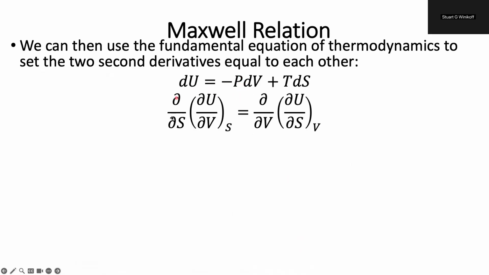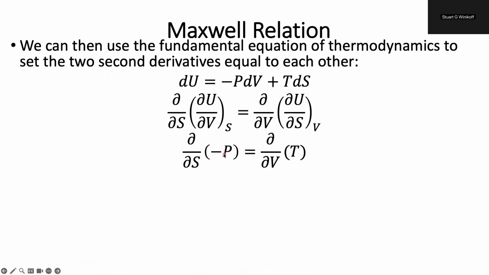So if I take this idea of the Euler condition, I can then go ahead and insert what I know for the derivative of the internal energy with respect to volume and the internal energy with respect to entropy. Because it turns out that this first one is just negative pressure, and the second one is just temperature.